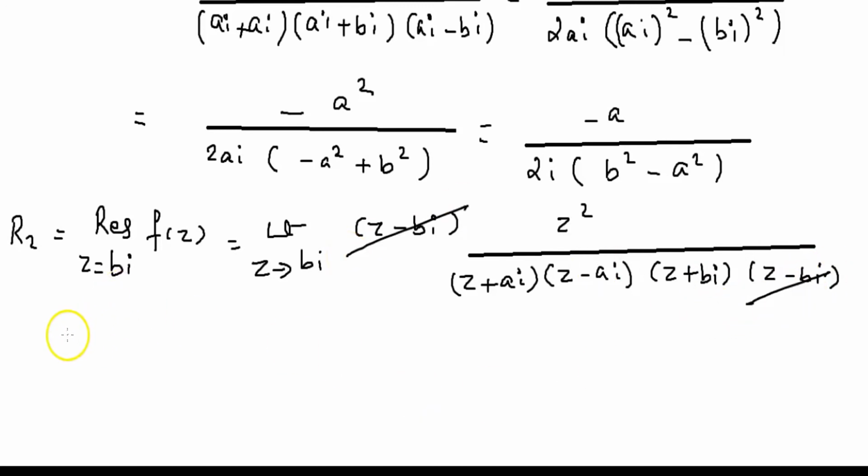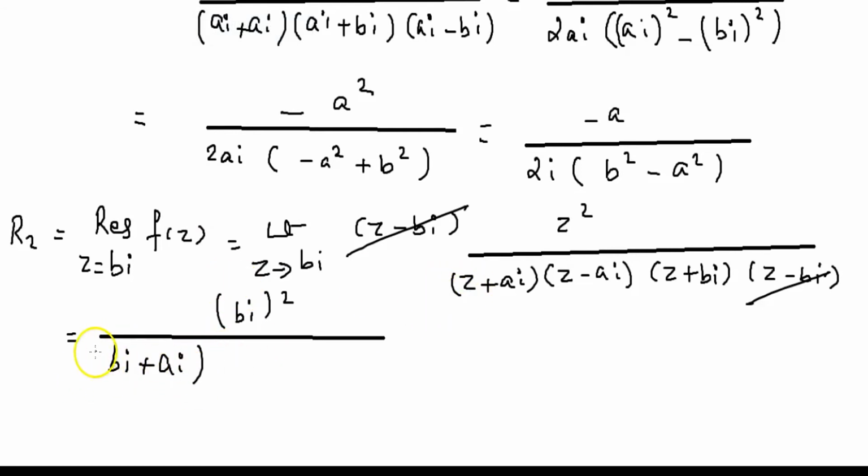Cancelling z minus bi terms and substituting z is equal to bi in the remaining terms, z square becomes bi the whole square divided by z plus ai becomes bi plus ai, and z minus ai becomes bi minus ai, and z plus bi becomes bi plus bi.